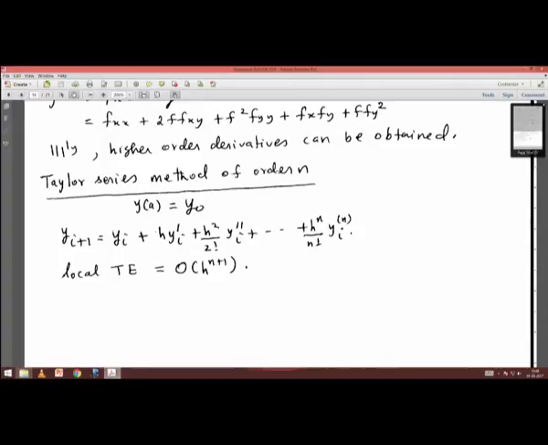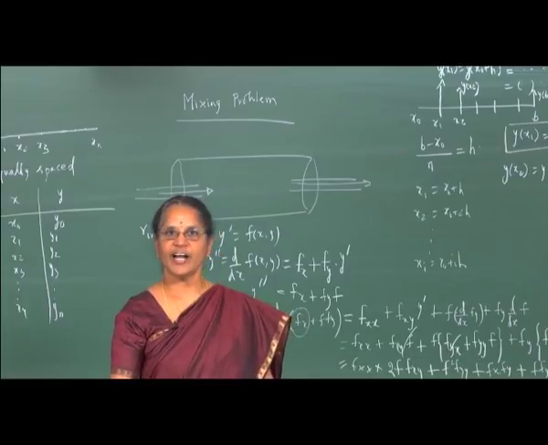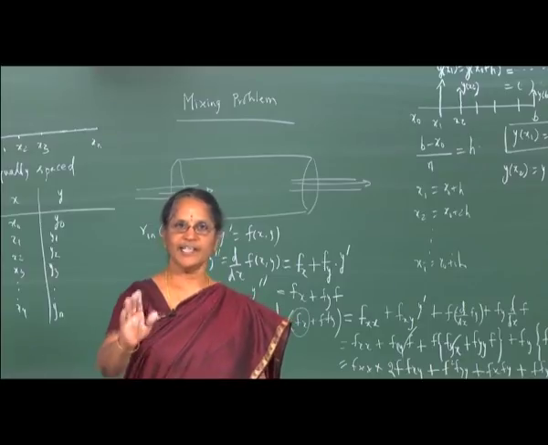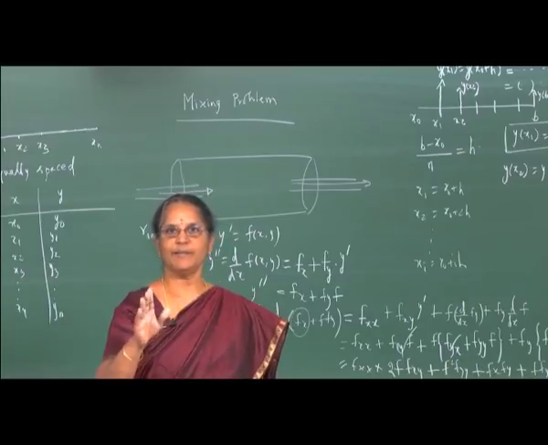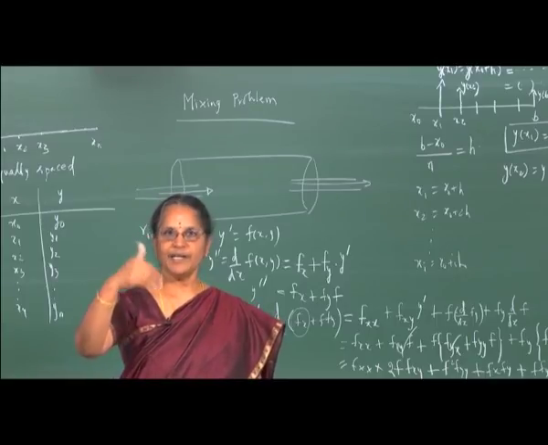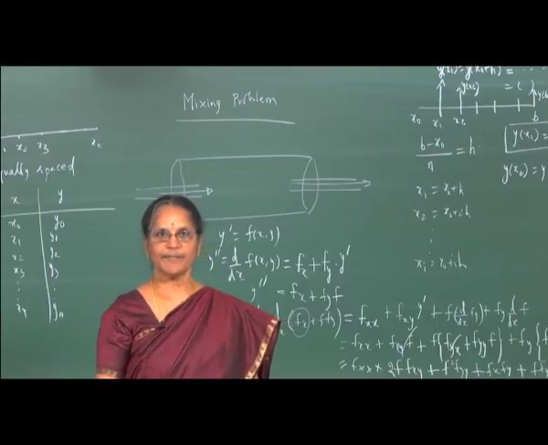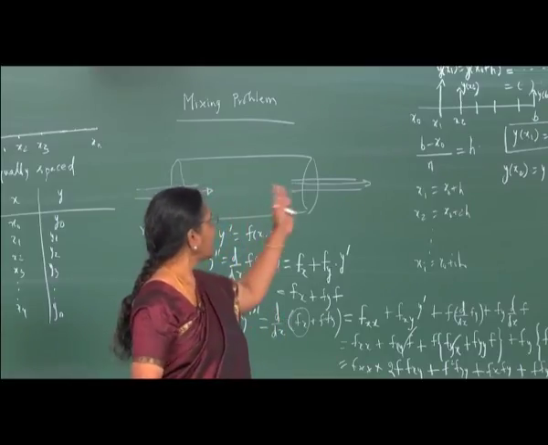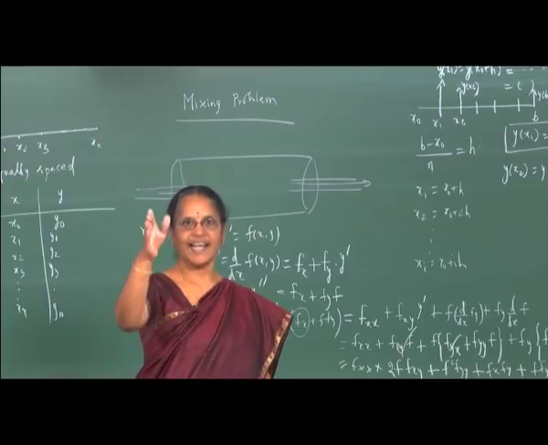So, we thus have understood what Taylor series method of order n is and what are the conditions that have to be satisfied by the function f in order that we have a reliable numerical solution, say at points which are given by x1, x2, etc., say xn.